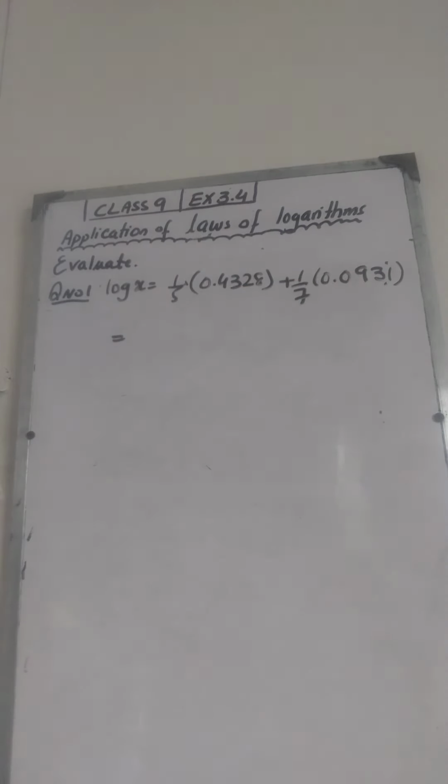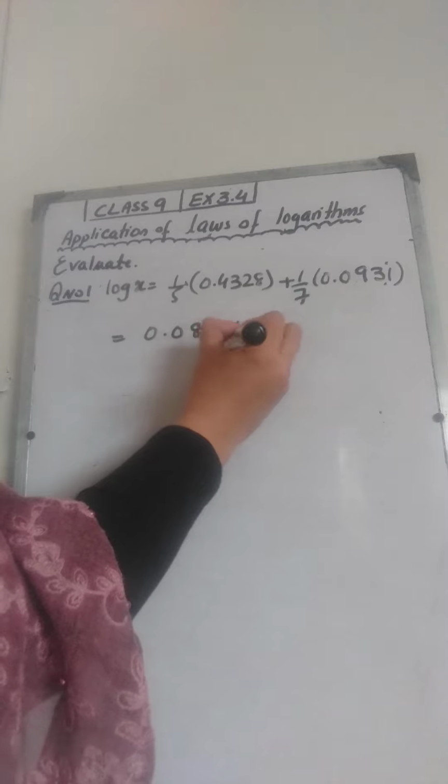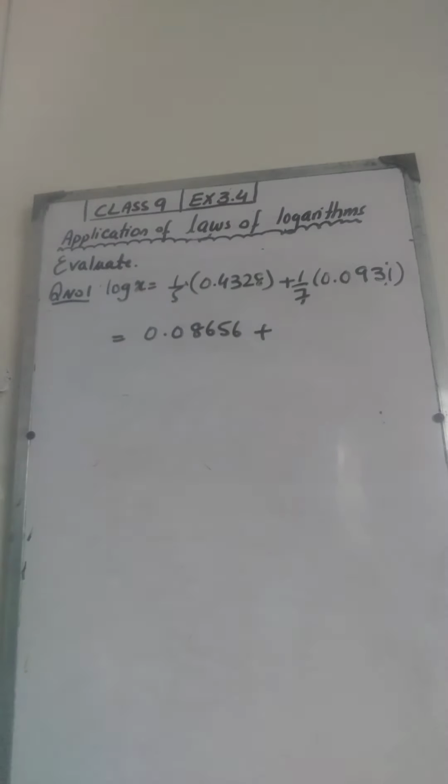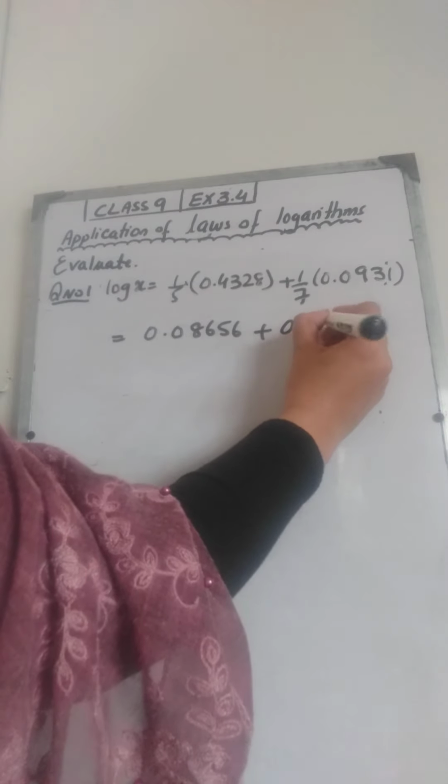Here 1 over 5 into 0.4328, that is 0.4328 divided by 5, will give us the number 0.08656, plus again 0.0931 divided by 7 will give us the answer 0.0133.